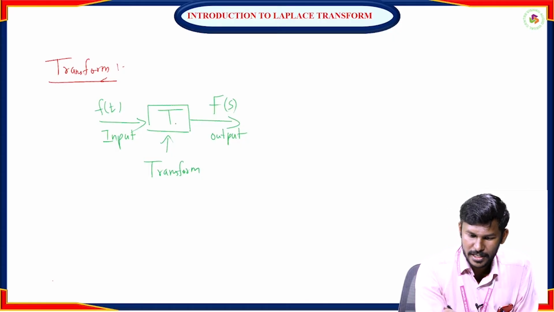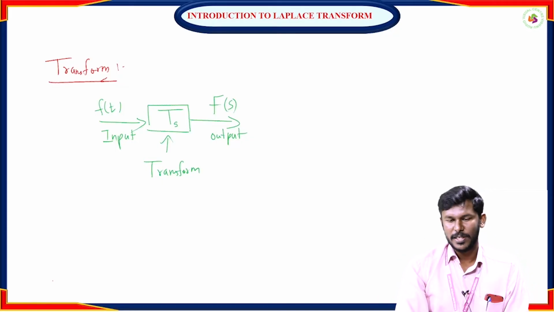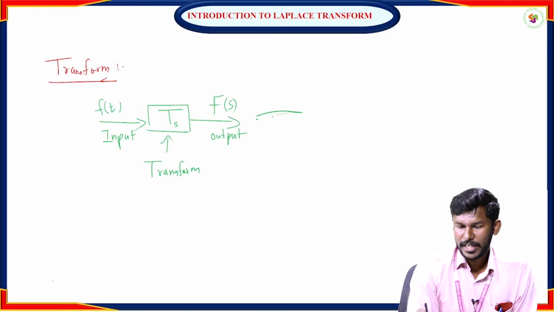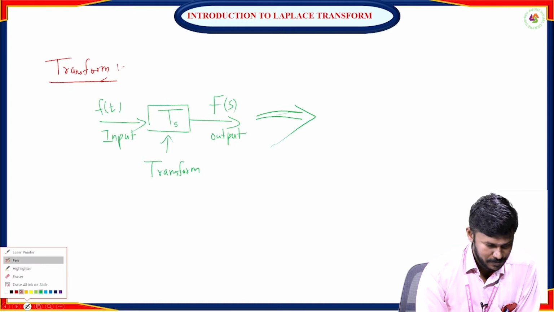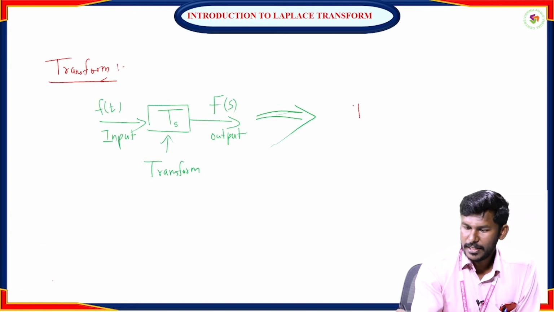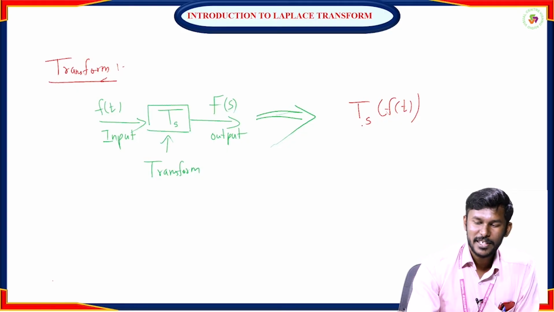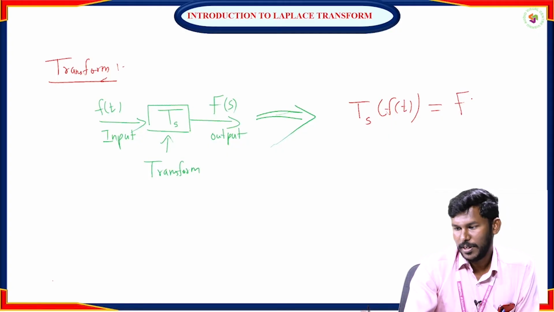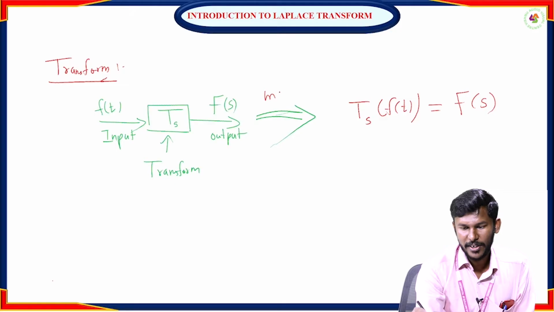How do we write this mathematically? The transform L acts on the function small f of t, and I get the output capital F of s.